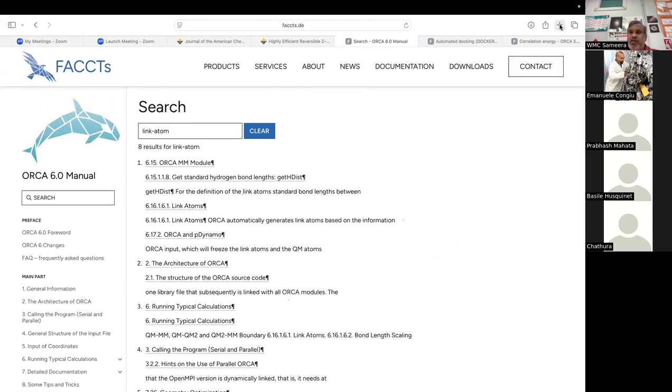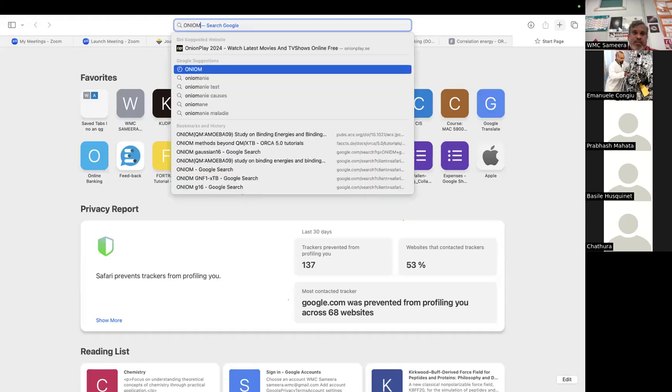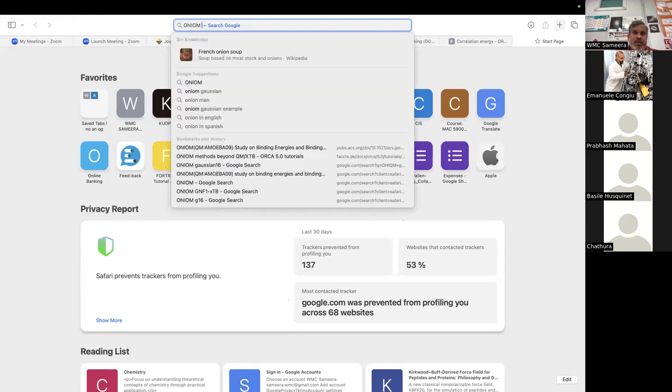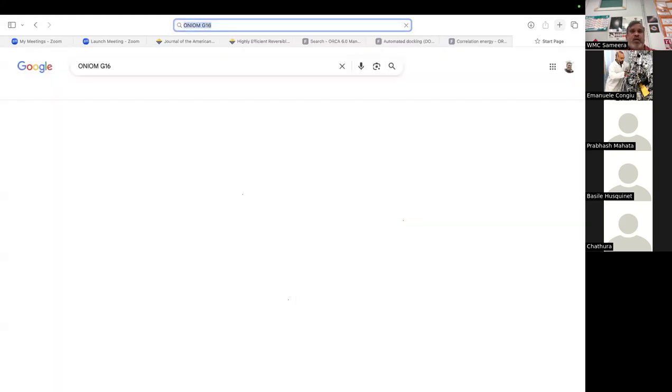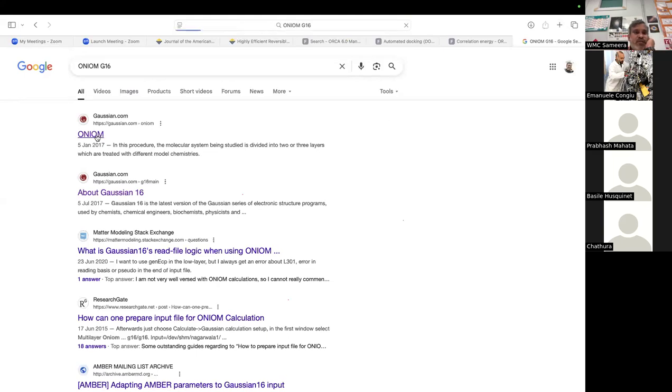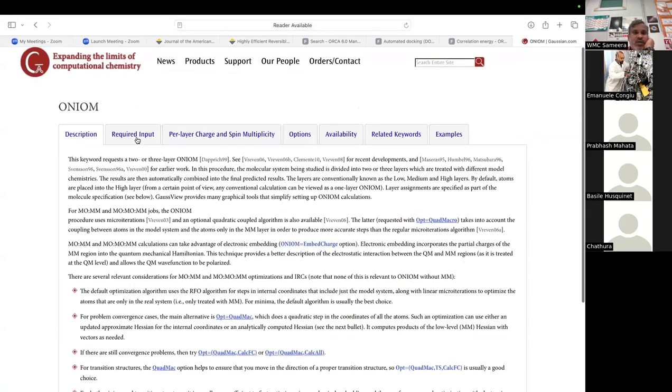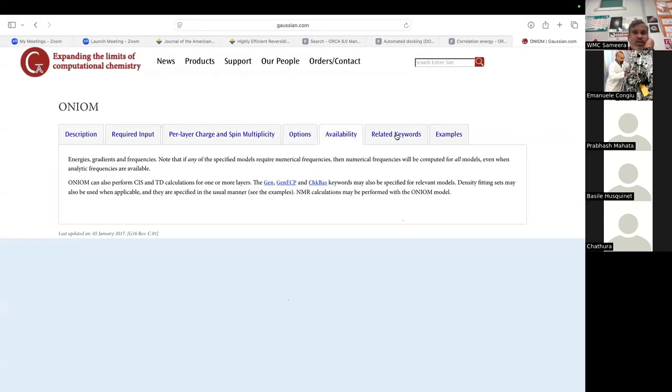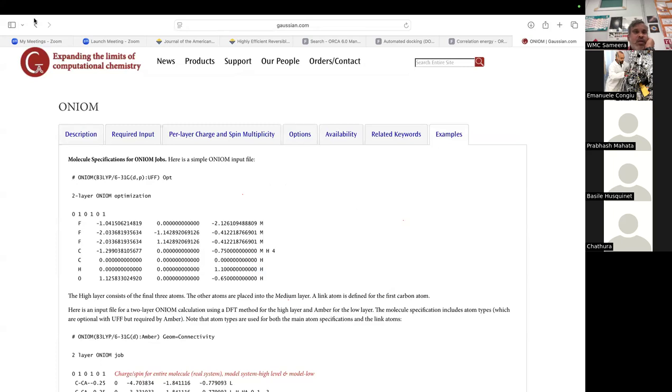Or maybe I can go into the Gaussian manual now, maybe we can find some useful information.